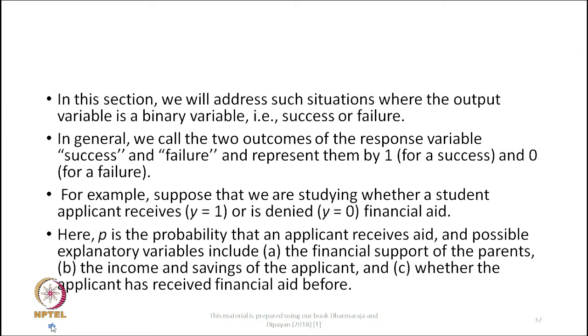P is the probability that the applicant receives aid, and possible explanatory variables include the financial support from the parents, the income and the savings of the applicant, and whether the applicant has received financial aid before.